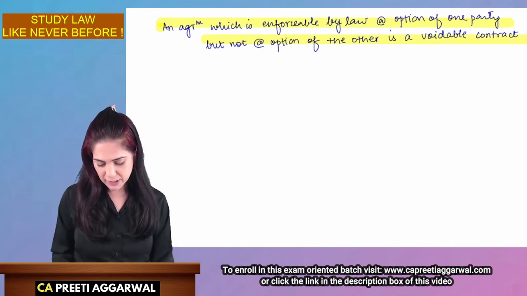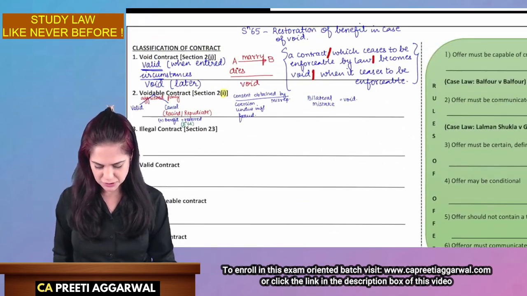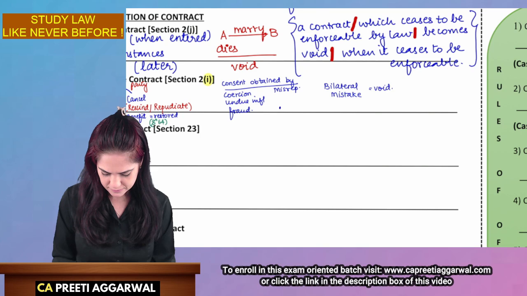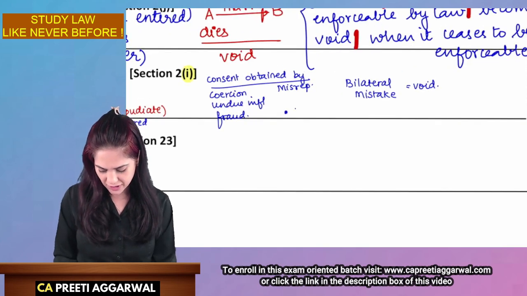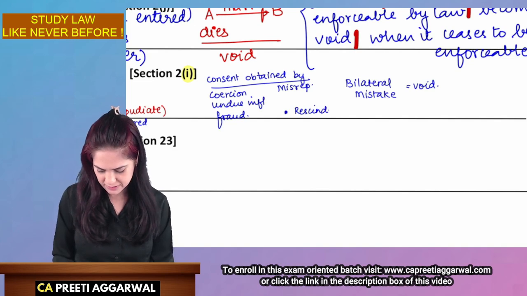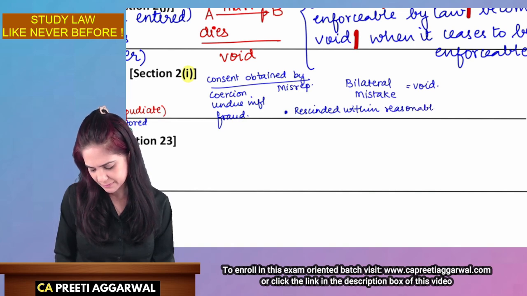What are the other points which you should remember? I mentioned restoration of benefit. What are the other points? Contract must be rescinded within a reasonable time.